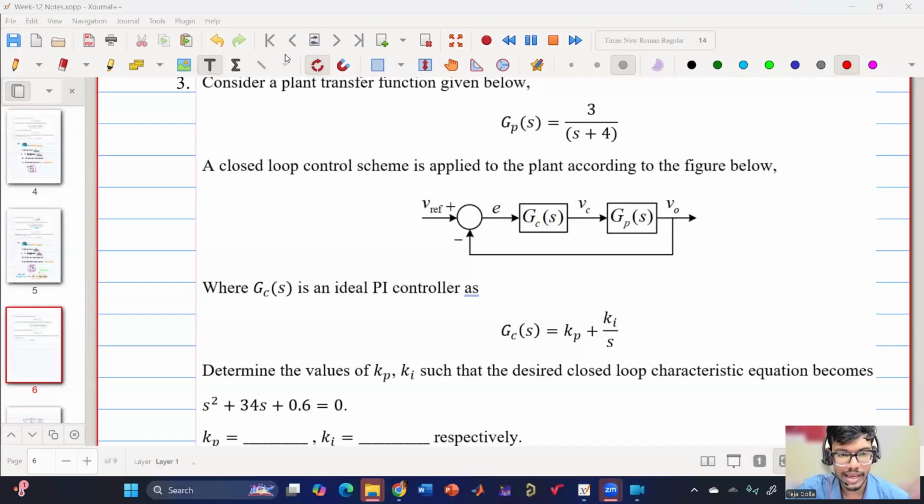Sarun is saying KP is 10 and K is 0.6. So let us wait for others and see what others are getting.